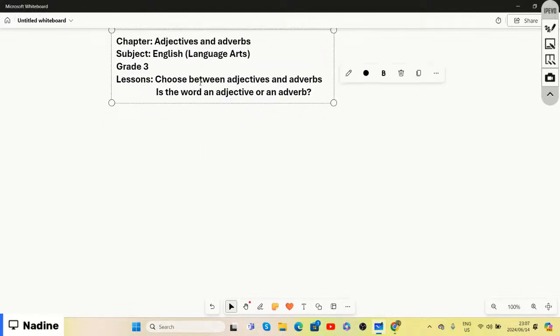And before we are able to even answer those questions, before we are even able to choose between an adjective and an adverb, right?